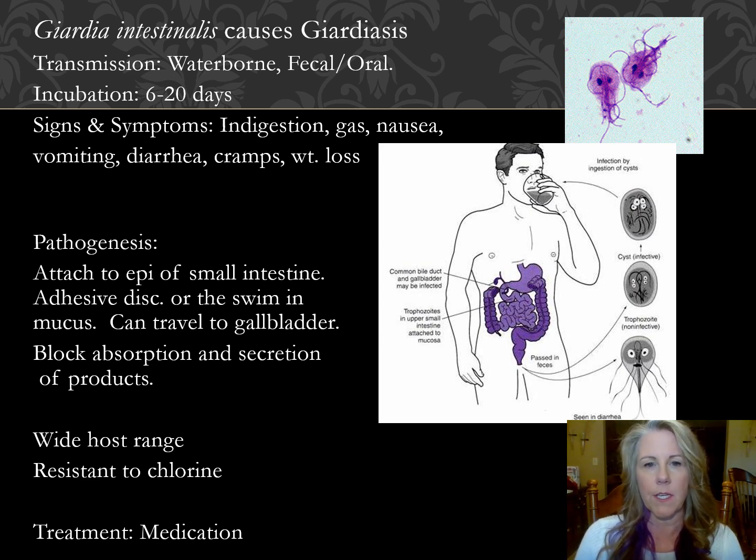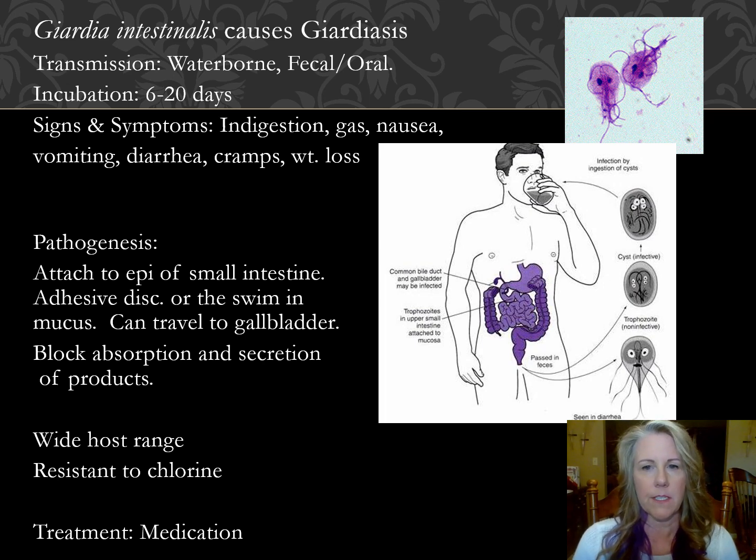Incubation is 6 to 20 days. And signs and symptoms of this type of infection in the human are indigestion, gas, nausea, vomiting, diarrhea, cramps, and weight loss. So if you have indigestion, gas, nausea, you probably don't want to eat a whole lot, and so that results in some weight loss.